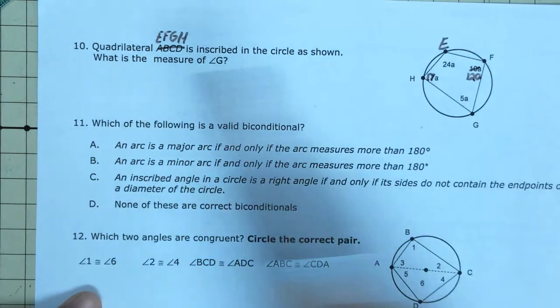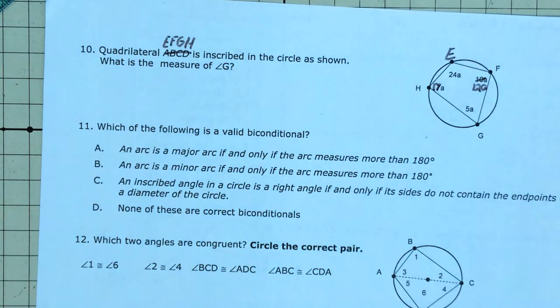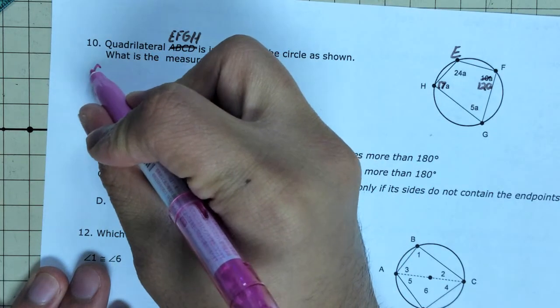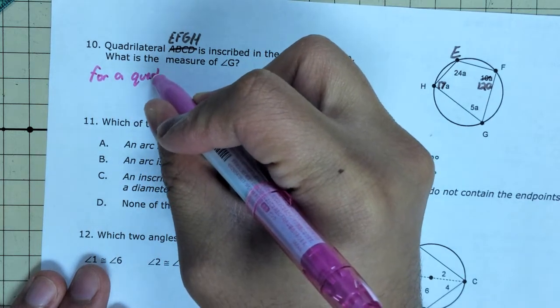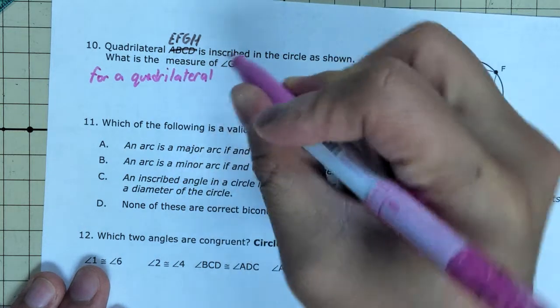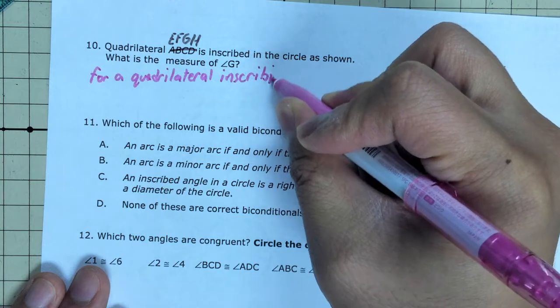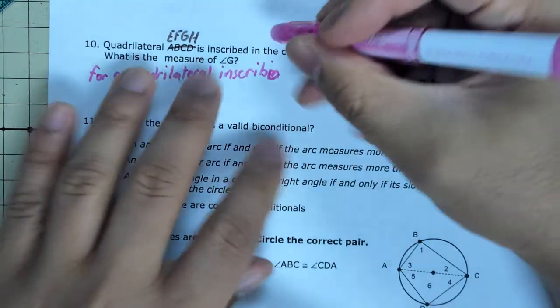Regardless, quadrilateral EFGH is inscribed in the circle shown. What is the measure of angle G? One of the properties we learned is that, let me write the property down. For a quadrilateral, inscribed meaning drawn inside, inscribed, can't spell, whoops.